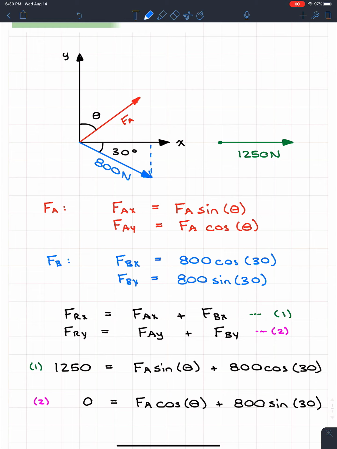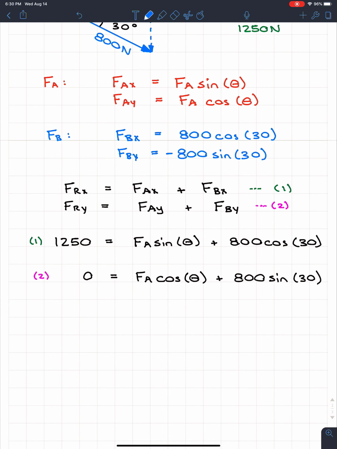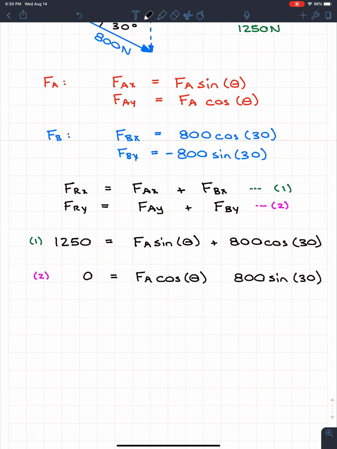This is FBY right here. So that's why it helps to draw. So FBY right here is actually negative. Oops. So don't forget to check the directions. It's very, very important. And I was hoping that some of you would see that kind of partway through to know that that is negative. Because if you don't have it as a negative, you're going to get the wrong answer.